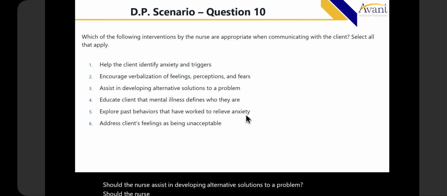Should the nurse educate the client that mental illness defines who they are? Should the nurse explore past behaviors that have worked to relieve anxiety? And should the nurse address the client's feelings as being unacceptable? Which of these should the nurse do? Which are appropriate? Okay.